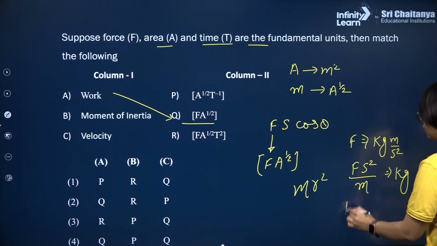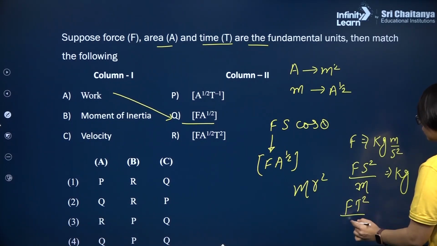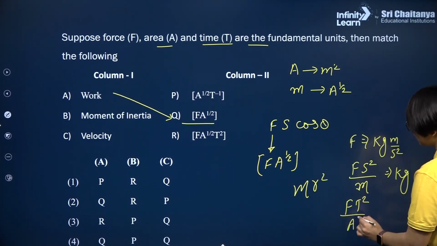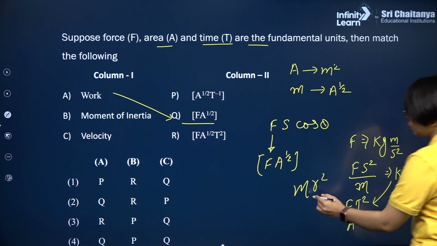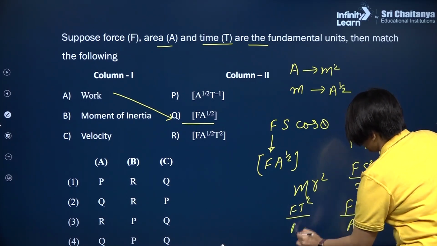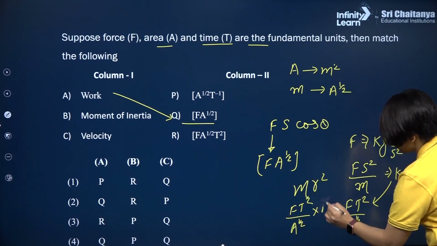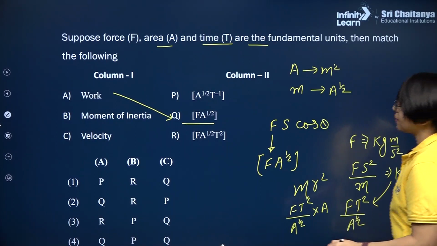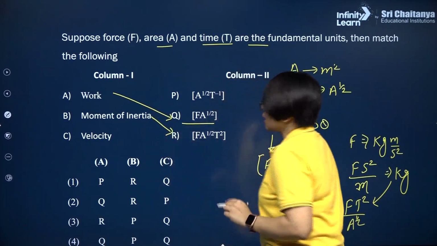So force is force, second square is T square and meter will be your area to the power 1 by 2. So basically this is the representation of mass in terms of F, T and A. So let's put it here. It will be F T square upon A to the power 1 by 2, into R square which will be A. So it is F A to the power 1 by 2 into T square. So moment of inertia is matched with R.